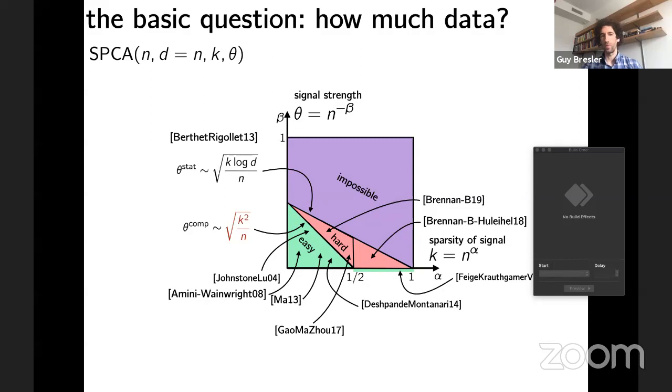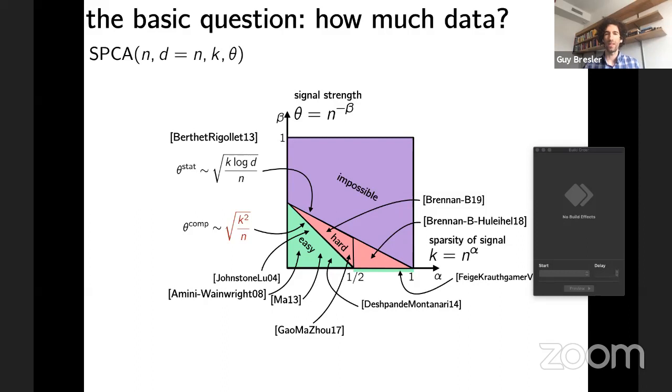So maybe one thing that you might notice is that while this is nice to have fully settled the feasibility diagram for sparse PCA under the spiked covariance model as it's known, this is a lot of papers indicating a huge amount of work by a lot of people to arrive at this sort of story that describes what's happening.